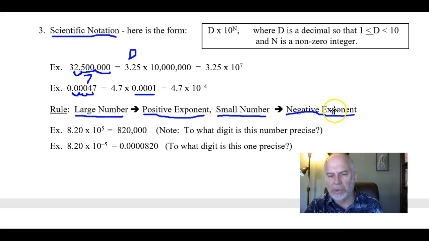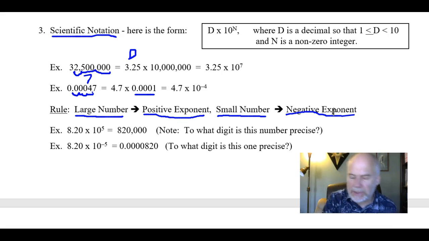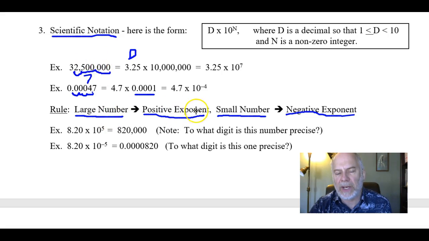I think those rules are a lot better to remember than rules that talk about whether you move it to the left or the right and positive, negative, and all that. It gets confusing because sometimes you're going one way and sometimes the other, and the rules are not consistent. So these rules will stay consistent. If the number is a large number, then you're going to use a positive exponent. If the number is a small number, then a negative exponent.